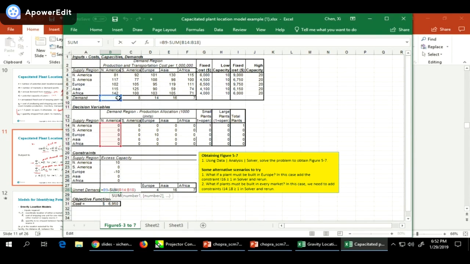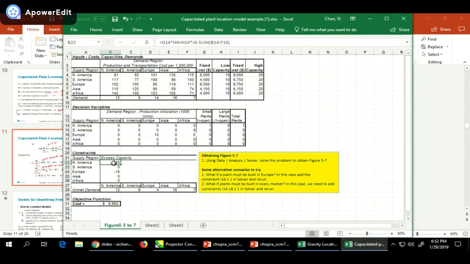So total demand in North America subtracted by the sum of all the supplies for North America. And that is basically any demand that's unmet. Same for all the other unmet demand cells. So we fill all of these. This is the unmet demand, and we need to make sure that they are equal to 0.